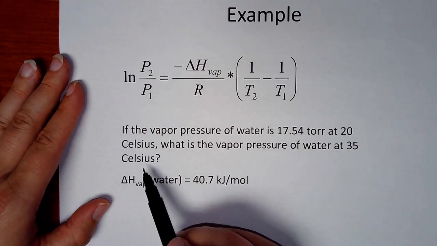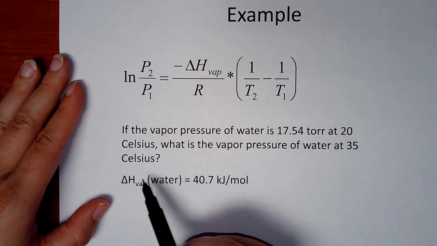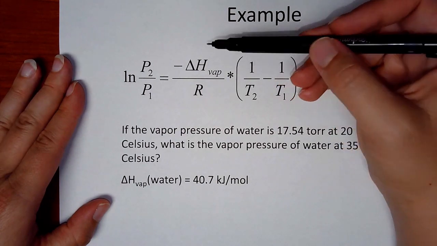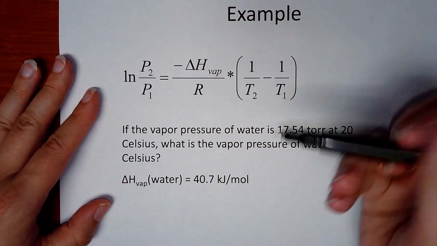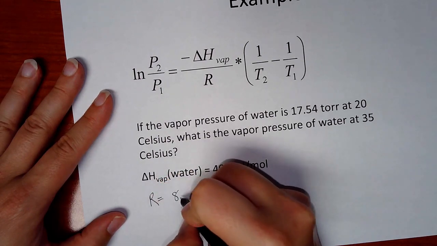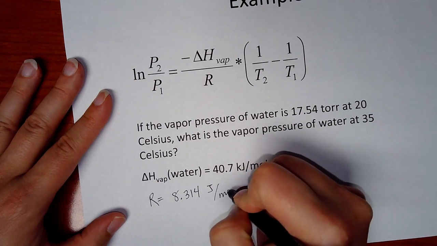We're also given the delta H for vaporization of water down here. So this is our constant value for water. And of course we know our R value. We've already looked at that. R is going to be 8.314 joules per mole Kelvin.